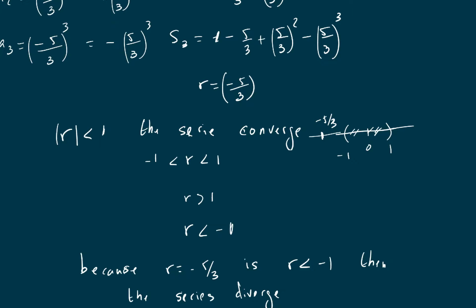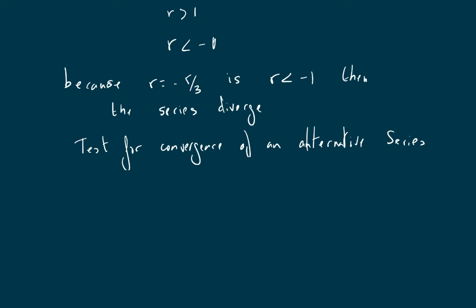We will see very soon that for the test for convergence of alternating series, two things need to happen. The first thing is that the limit when n goes to infinity of a sub n goes to 0. Who is a sub n here?